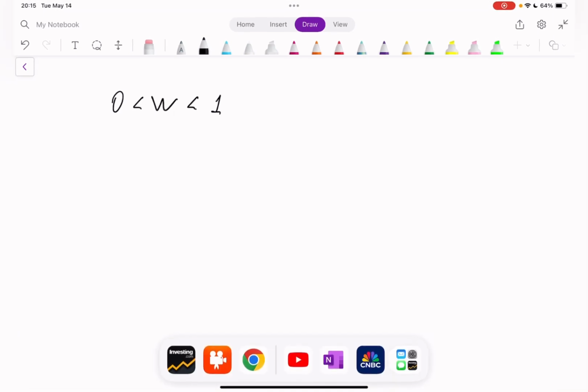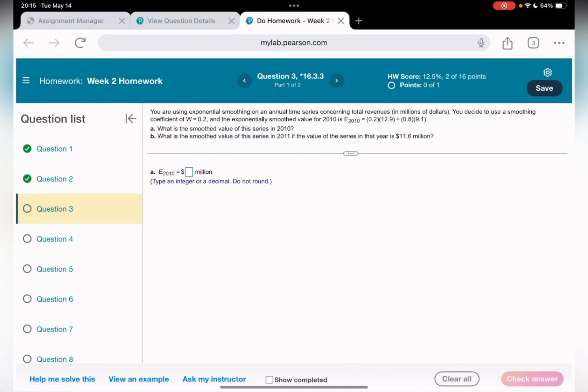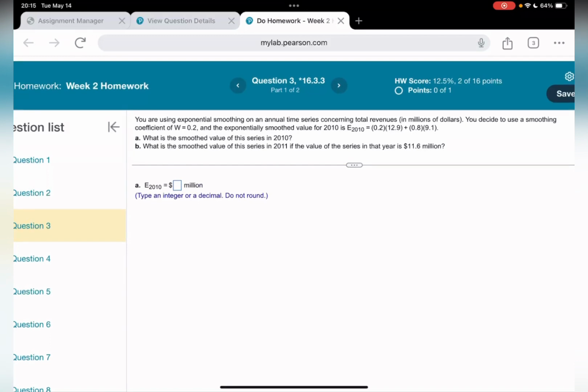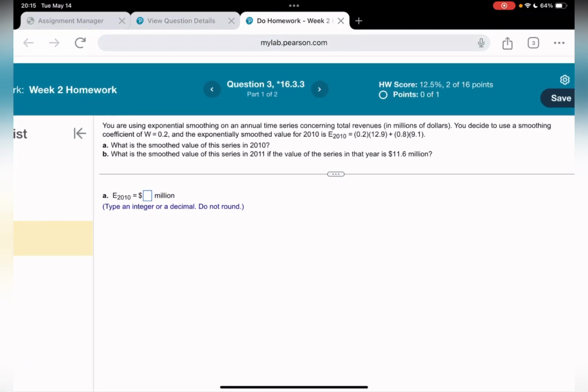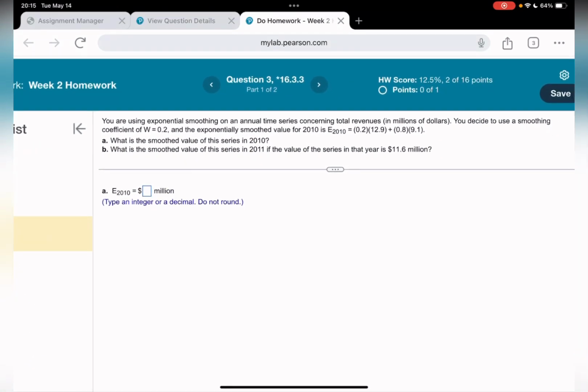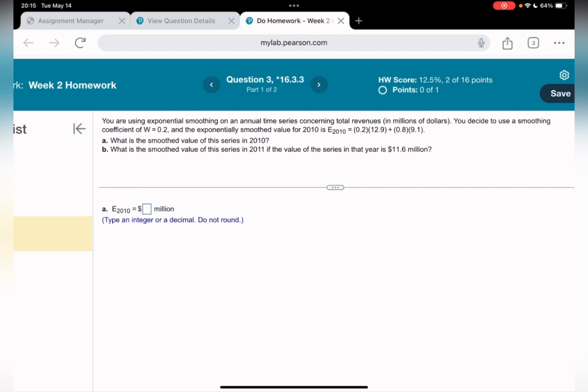Next, the exponentially smoothed series being computed in a time period of 2010.